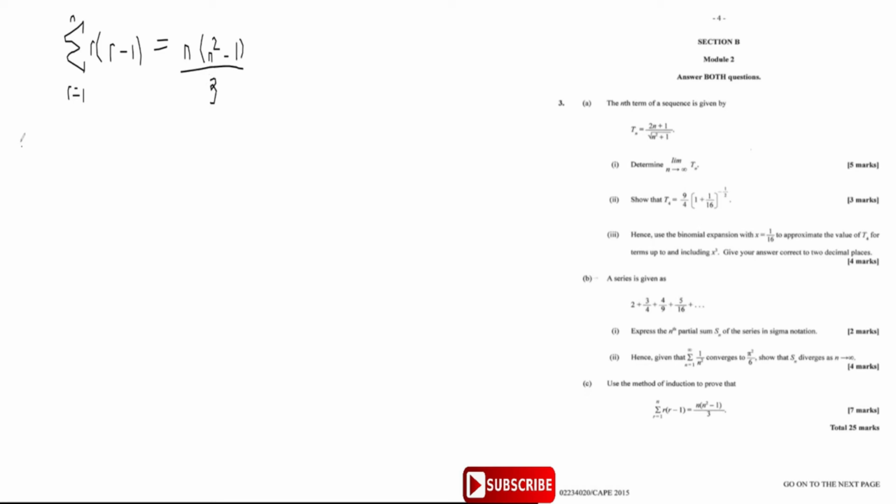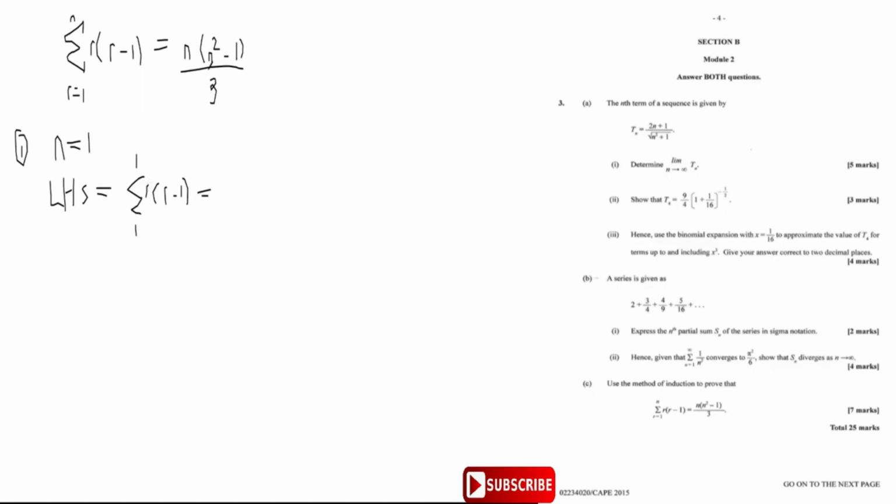So of course, you start with step 1, you start with n equal 1. For n equal 1, on the left-hand side, this is equal to the sum from r equal 1 to 1 of r into r minus 1. Plugging in 1, you get 1 minus 1 is 0, and 0 times 1 is 0.